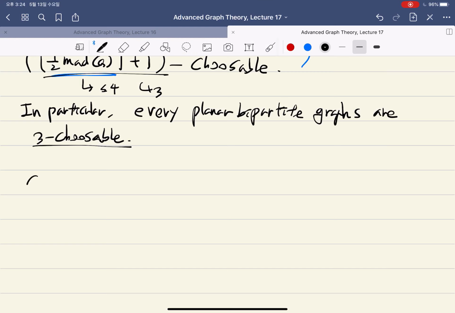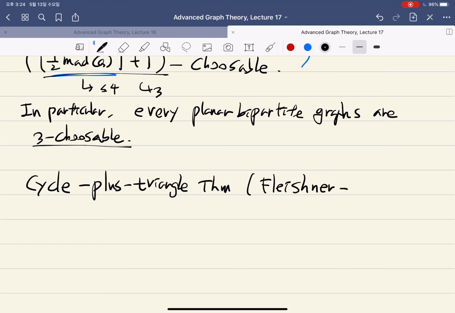Another application is the cycle plus triangle theorem, proved by Fleischner and Stiebitz in 92. This was conjectured by Erdős in 87 or something.